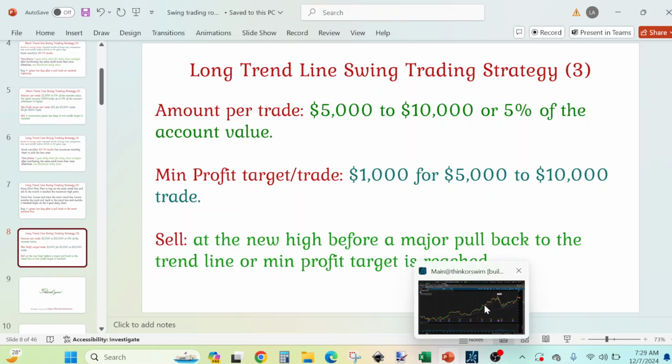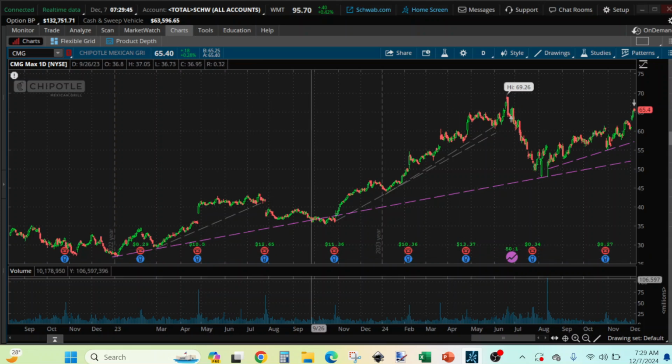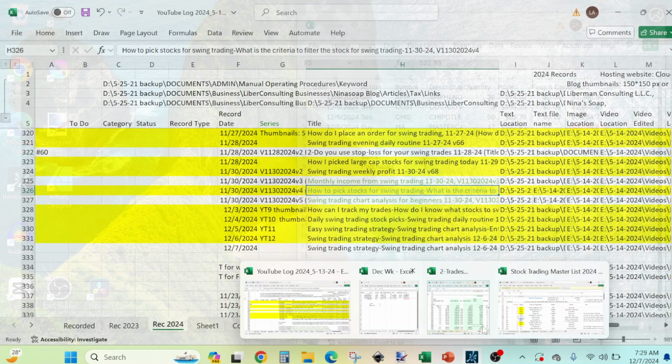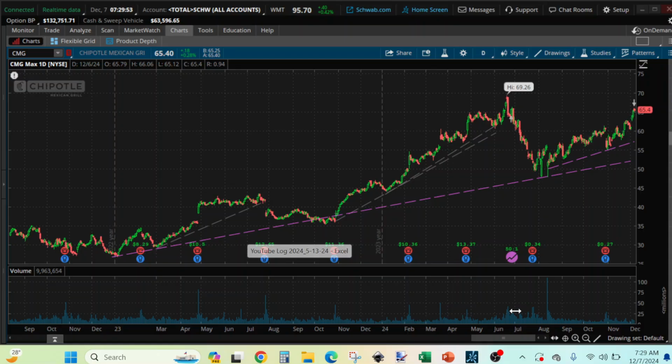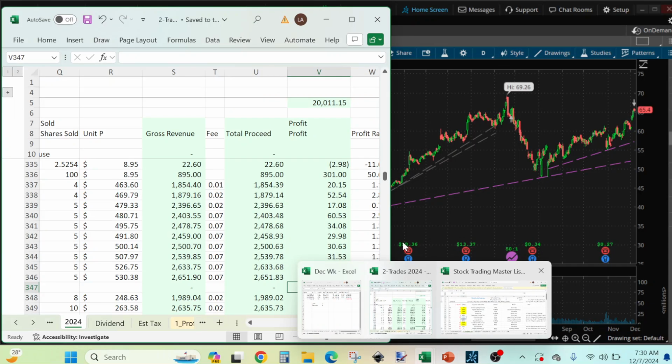And for that long-term trend line, we start with our existing stocks on our watch list. We start to trace those trend lines.